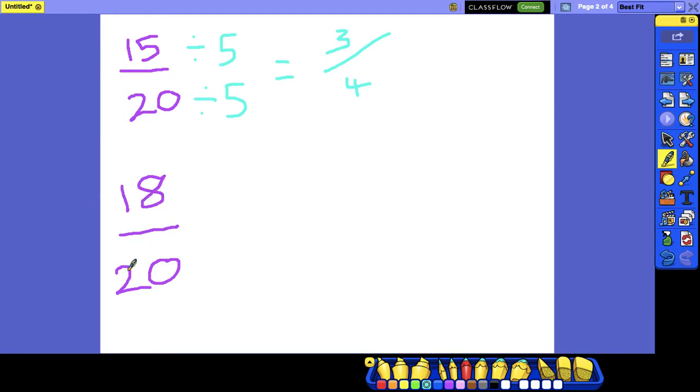18 over 20, this fraction. If we're doing dividing to find an equivalent fraction, what can we divide by to get an equivalent fraction?